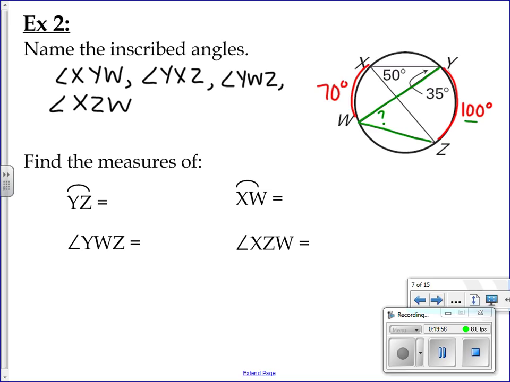So I actually have two angles that are opening up to the 100-degree arc. I had this 50-degree angle earlier, and now I have this one. So anytime you have two angles that open up to the same arc, they're going to have the same measurement, because I'm going to take half of 100, and that gives us 50. So this angle right here is going to be 50 degrees as well.